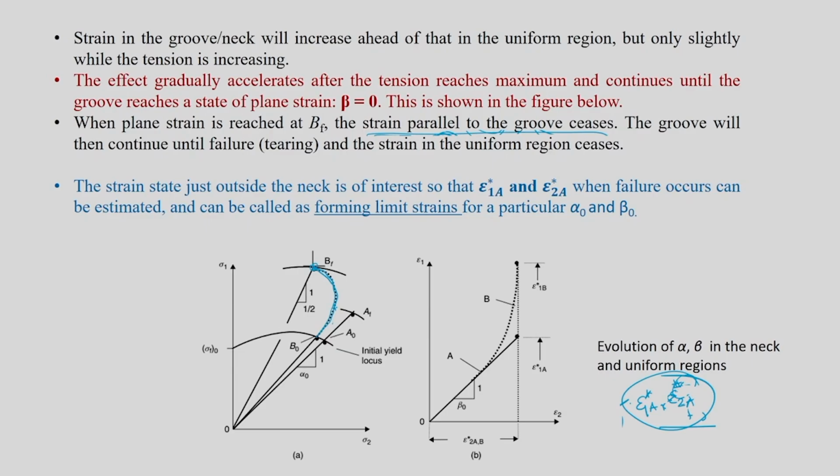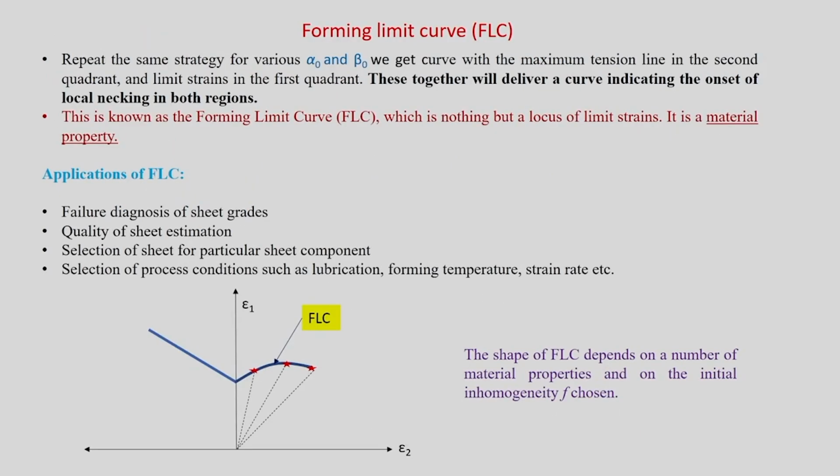Okay. So now let us assume that you are getting epsilon 1A star and epsilon 2A star, which is going to denote a forming limit strain, by following alpha naught and beta naught. Alpha naught and beta naught are the initial stress ratio and strain ratio that you have picked up to deform the sheet. Now you got forming limit strains. So now you have to repeat the same strategy for various values of alphas and betas.